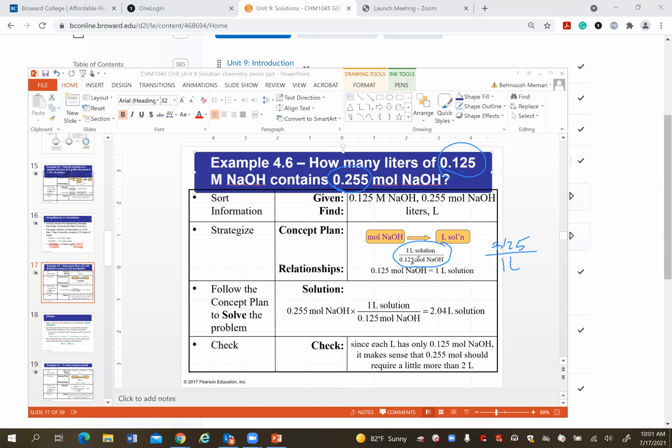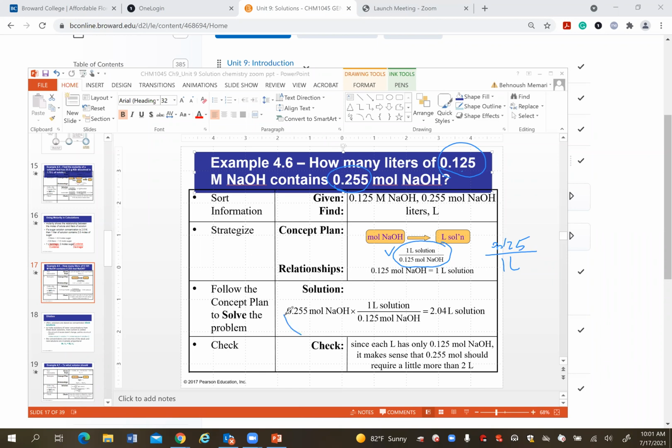But in this example, we want to cancel the moles of solute. We want to come up with the liter of solution. So we are using this conversion factor. So molarity can also be used as a conversion factor because it shows the relationship. It shows the ratio.